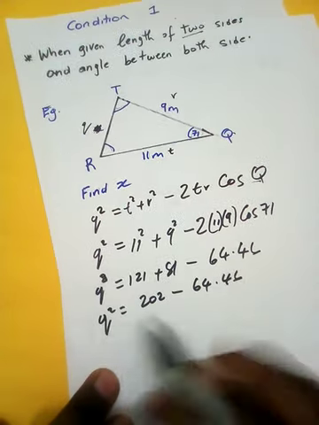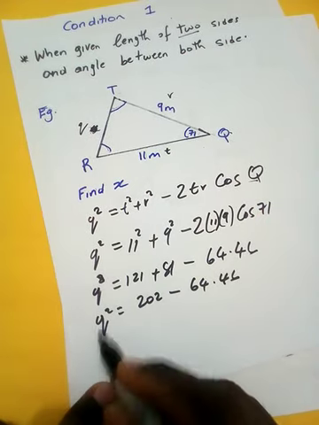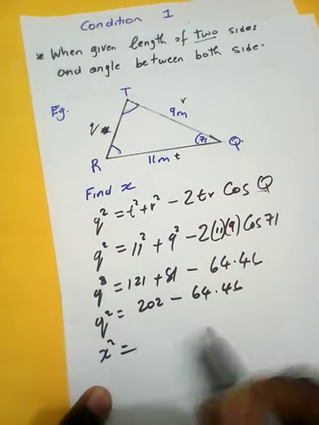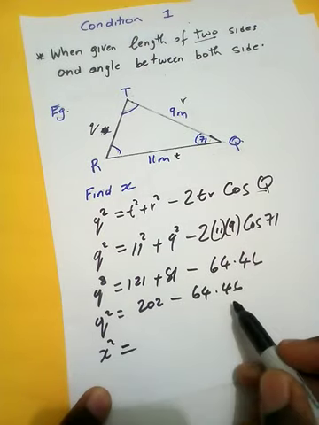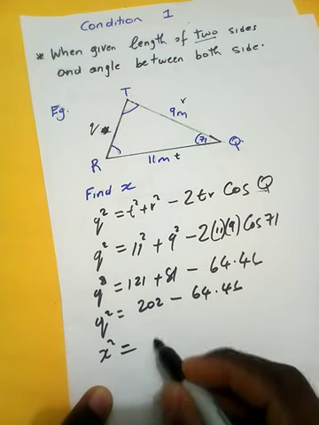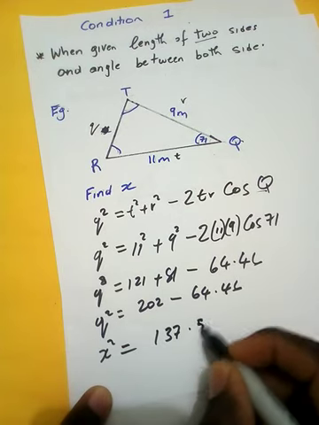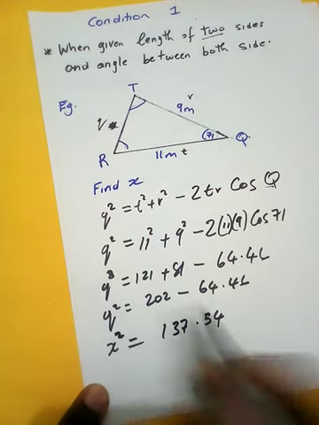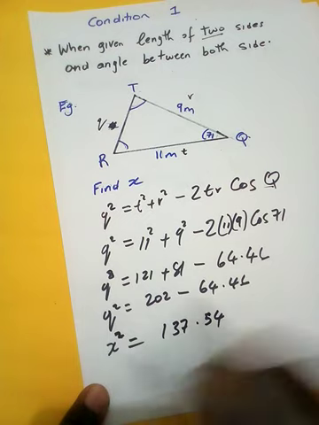Therefore, remember that q is x, and x is what they asked us to find. We can transform q back into x. So x squared is equal to 202 minus 64.46, which will give us 137.54. So to solve for x, since x is squared, in order to remove the square, we square root both sides.